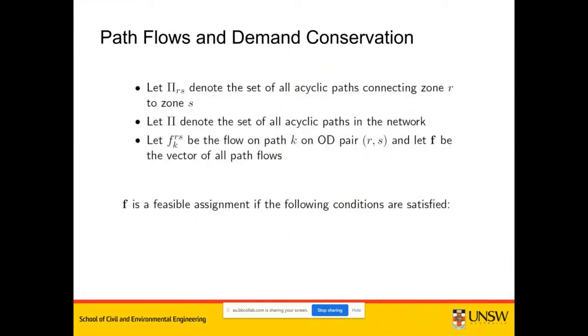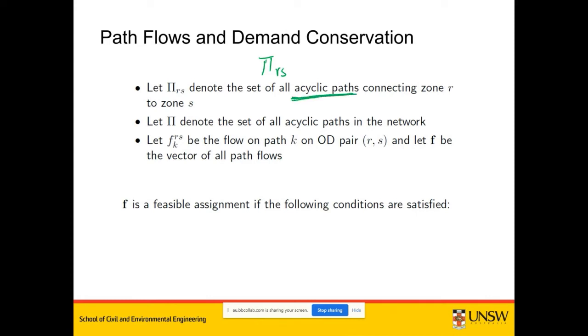So let's continue with some notations. We said we use the notation pi for the set of paths, right? So actually, this is now a capital pi. Yes. So we use this notation to represent the set of acyclic paths.